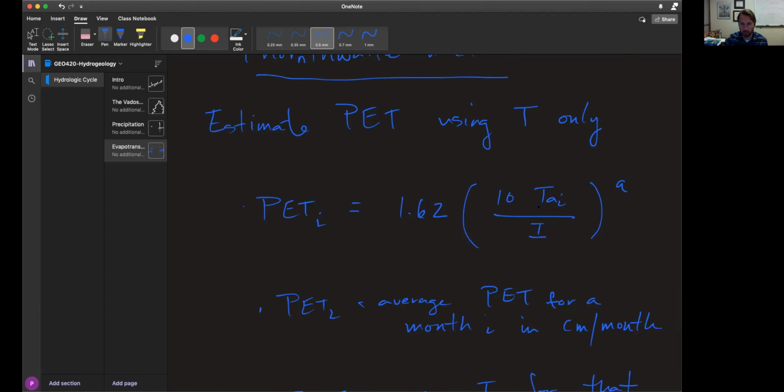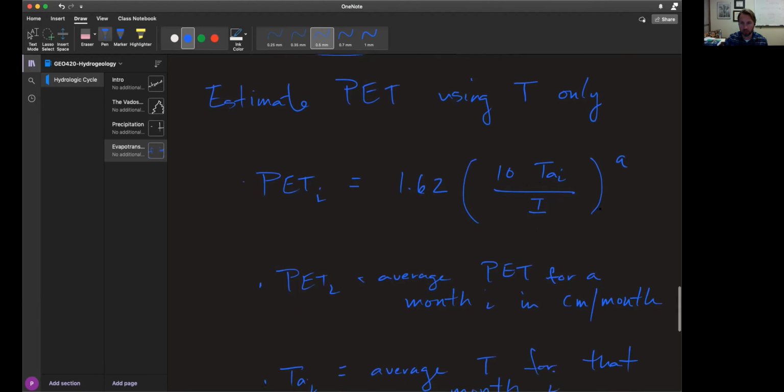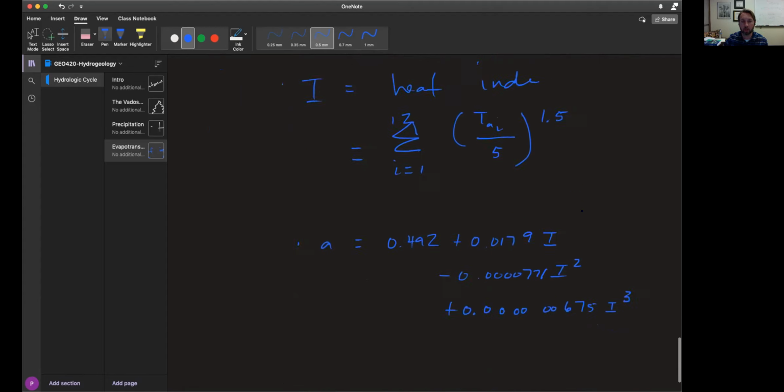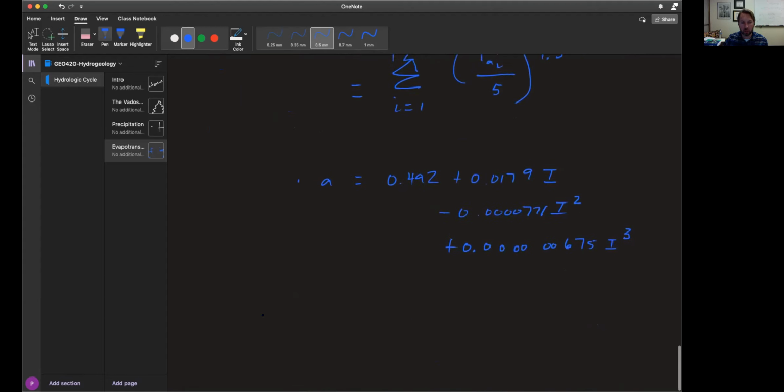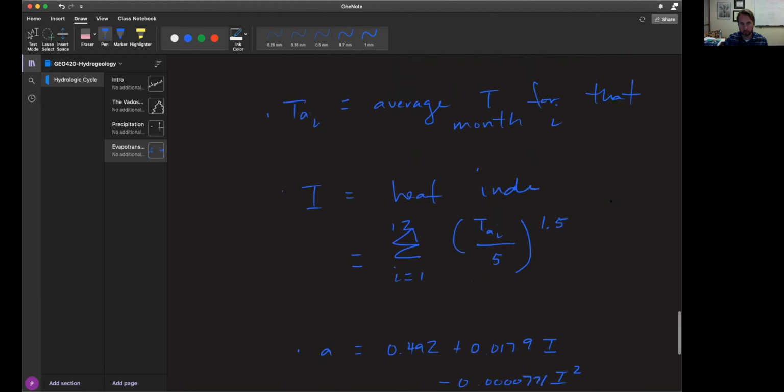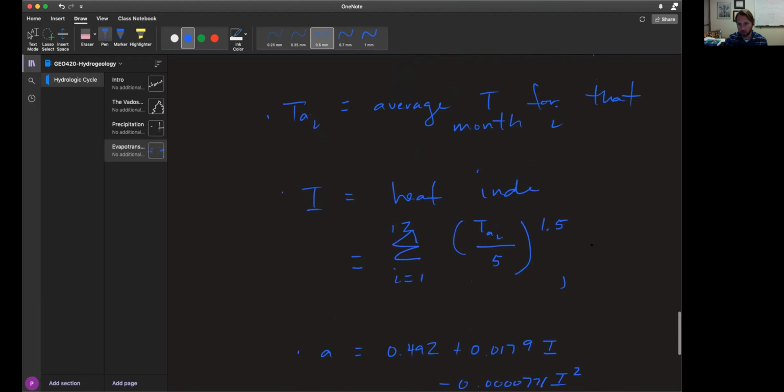So when your average temperature is below 0 here, you just say, hey, PET is equal to 0. Otherwise, you get a negative number here and you get this negative PET, and it doesn't make any sense. So we're basically only going to do this for TAI greater than 0.